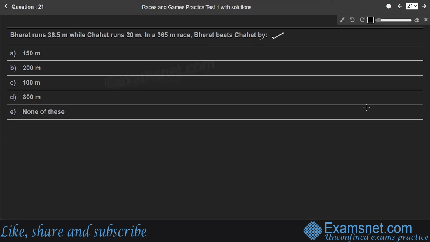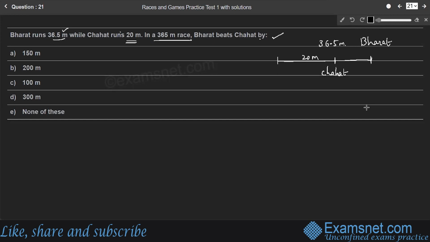Question number 21. Bharat runs 36.5 meters while Chahat runs 20 meters. In a 36.5-meter race, Bharat beats Chahat by... So very easy question. If you consider this as a race, Chahat runs only 20 meters, whereas Bharat runs 36.5 meters, right?